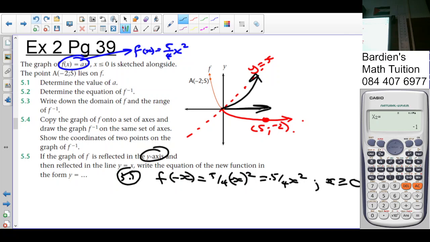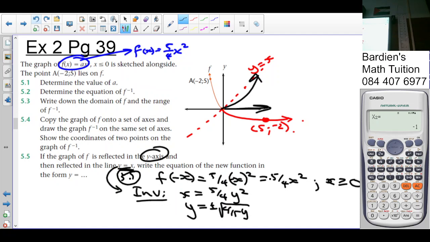Then it's reflected in the line y equals x. If something is reflected in the line y equals x, we take the inverse function. So x is equal to 5 over 4 y squared, which gives us the same as we had earlier, where y is equal to plus or minus the square root of 4 over 5 x.